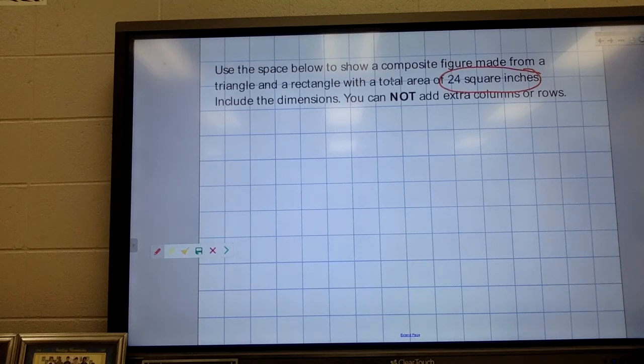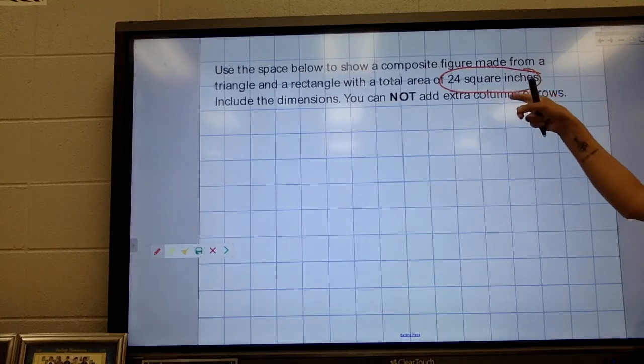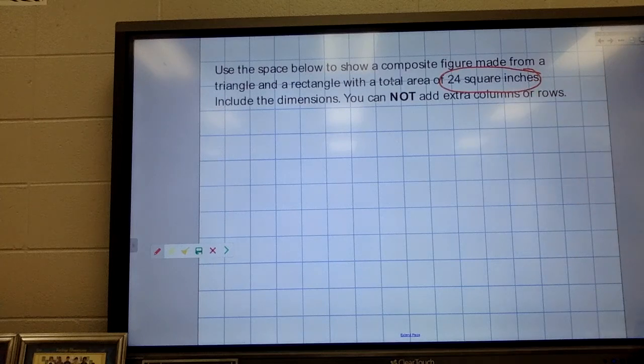And so let's think about the factors of 24. 12 times 2, or well, before 24, let's just figure out how we want to break it apart. So let's say I think 12 and 12, or you can do whatever you desire as long as it is giving you the area that is asked, because you're making a composite figure.